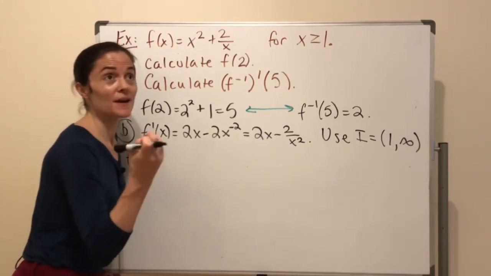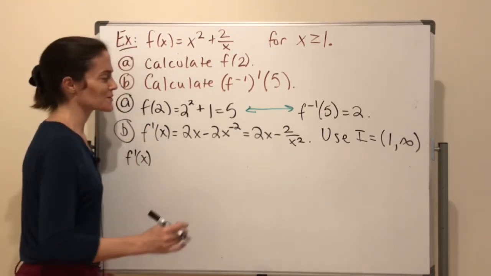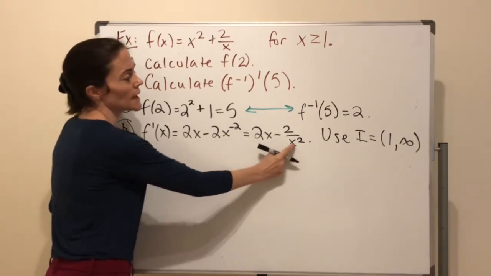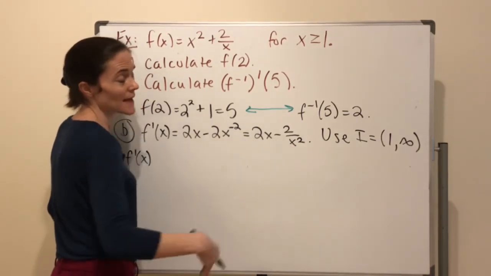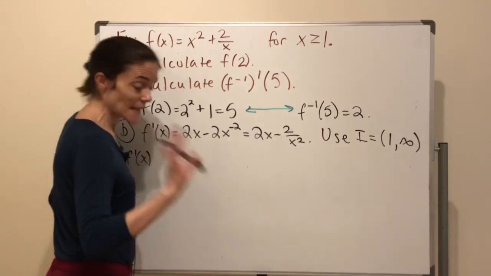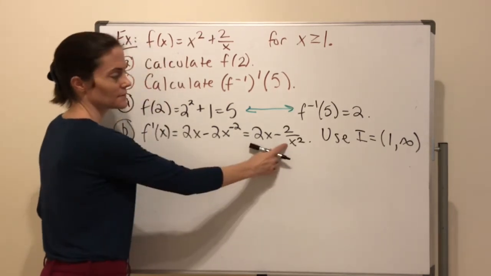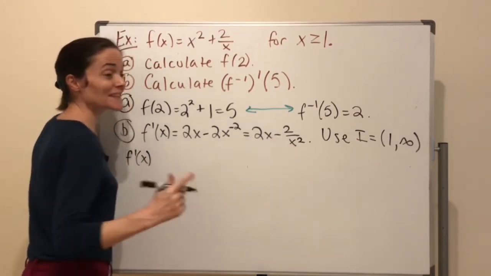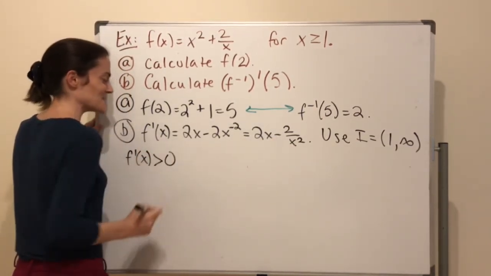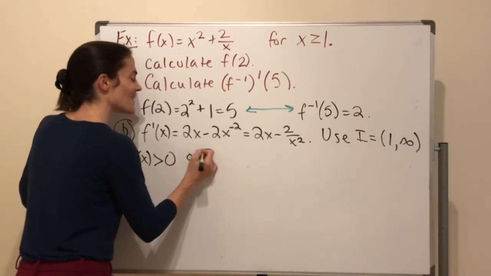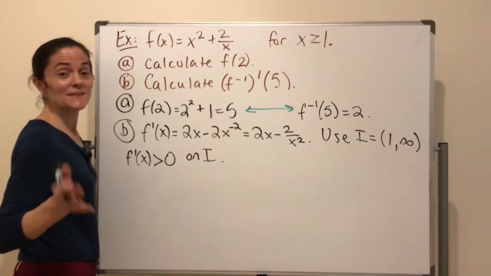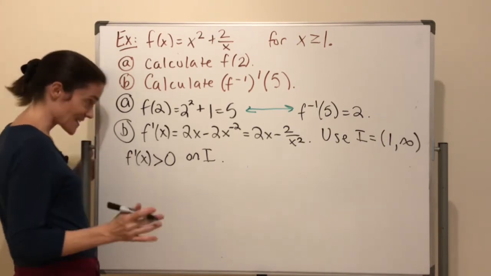If x is bigger than 1, this number will be bigger than 2, and you're subtracting a number that is less than 2. So you have a number bigger than 2 subtracting a number less than 2. Without a doubt, this is positive on this open interval. This means we can use the inverse function theorem.